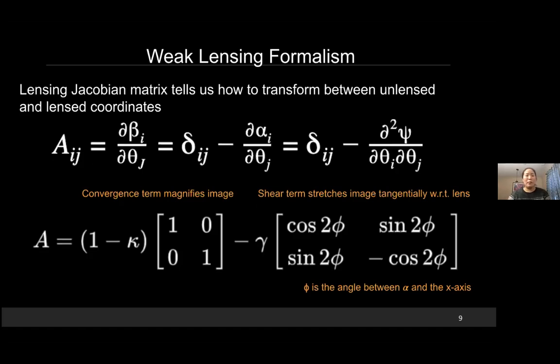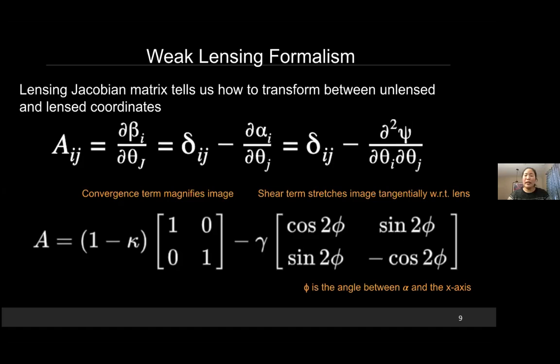This top thing can be rewritten, broken up into two parts. The first term is in terms of kappa, and this is a convergence term, and this serves to magnify the image. This magnification conserves surface brightness, but it could make the size bigger or smaller.